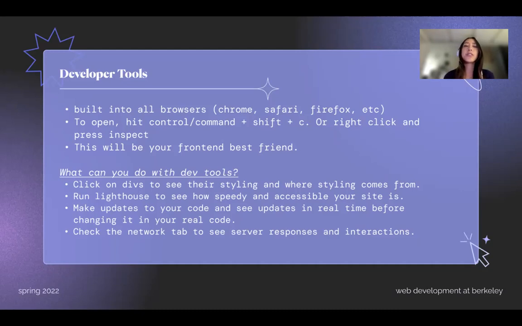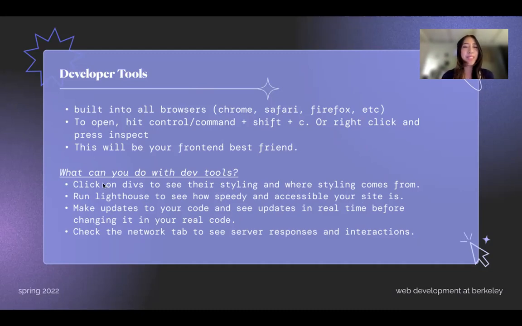I can show you a little demo on how to use it, but here in text, to open, you can just hit Control Command Shift C, which I've never done, but usually I right click and press inspect. That leads you to a bunch of really good tools to work with your project. And yes, this will be your front end best friend.